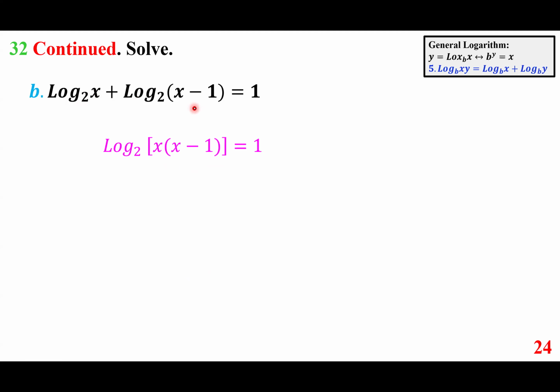And now, because it's a single log, you go with the definition and you say the argument is 2 to the power of 1. So x times (x minus 1) is 2 to the power of 1.